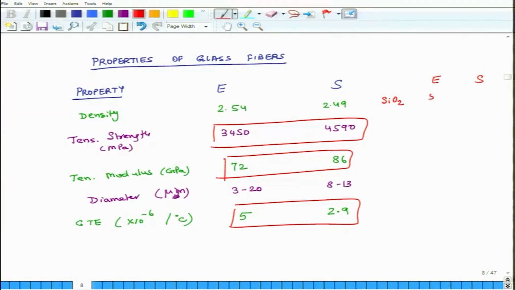So, this is about 54%, but this is more, 64%. Okay. Aluminum oxide, this is about 15%. I am just rounding these numbers, and this is about 25%. Okay.